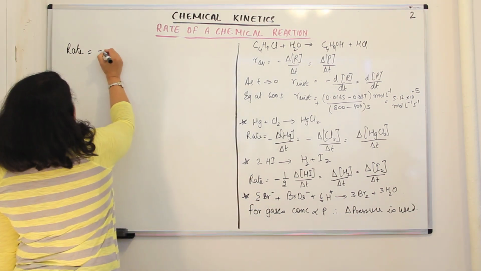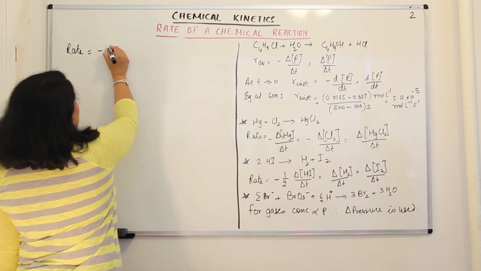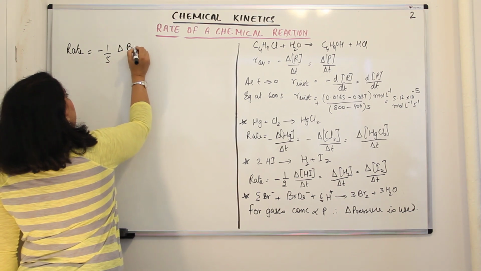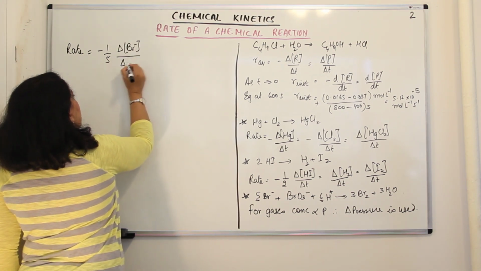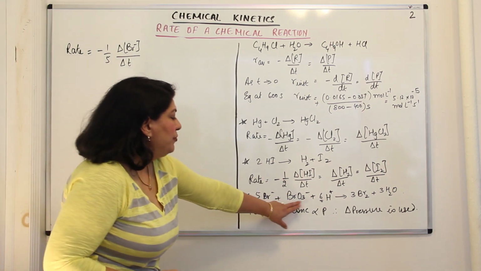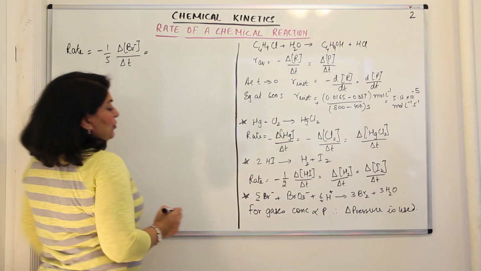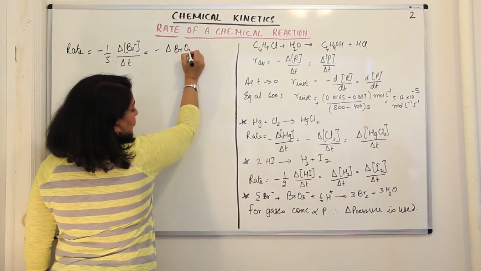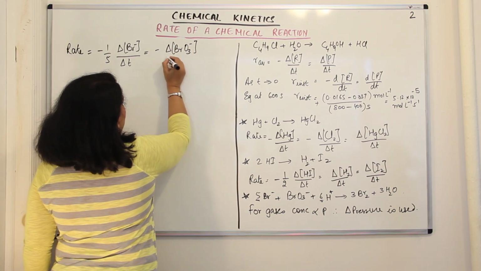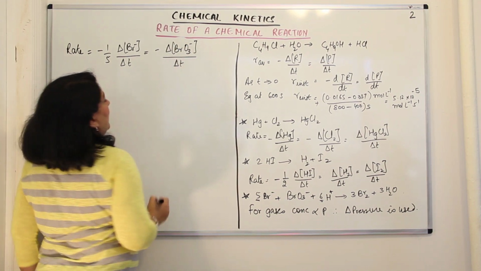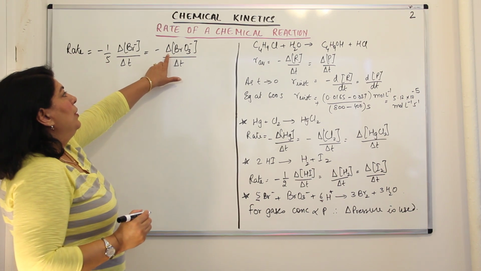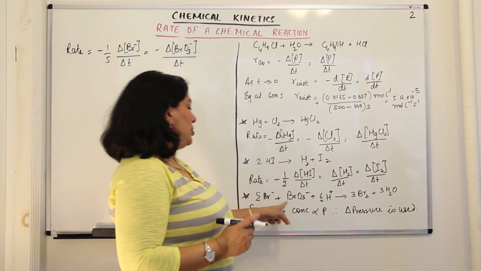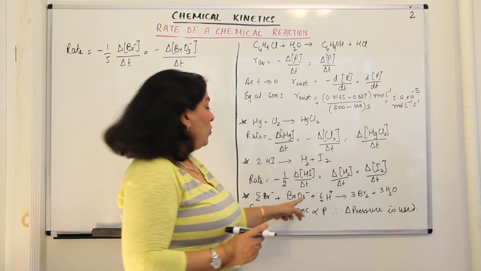So it will be minus, because it's a reactant, 1 upon 5 because the stoichiometric coefficient is 5, change in concentration of Br negative, molar concentration, upon delta T. In terms of BrO3 negative, since it's a reactant, it will be equal to minus change in concentration of BrO3 negative, molar concentration, upon delta T. Now, we do not divide it by any stoichiometric coefficient here, because the stoichiometric coefficient here is 1.